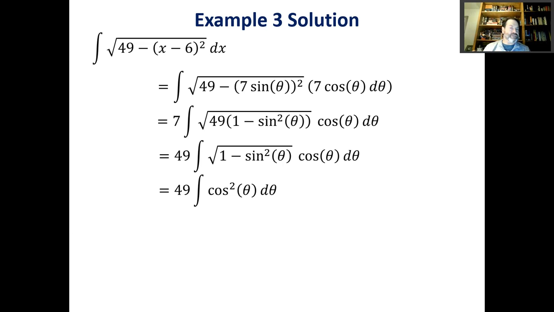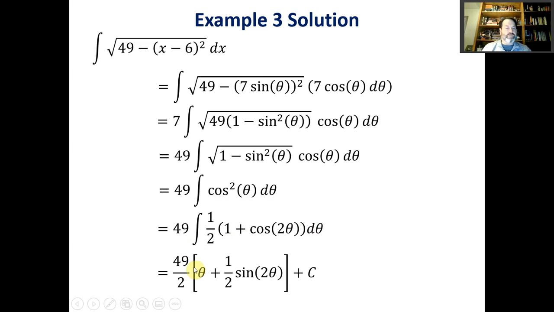Cosine squared just pops up naturally. So this is how you do it. You replace this with the identity: cosine squared is 1/2 times 1 plus cosine 2 theta. And then d theta just stays d theta. And then you simplify a little bit.